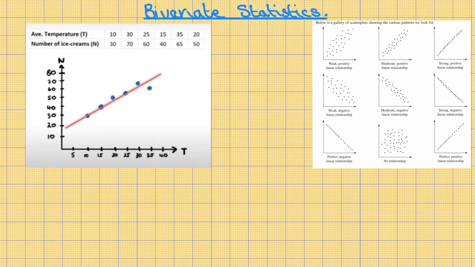So we might want to find the number of ice creams sold when the temperature is 17 degrees Celsius. 17 degrees Celsius does not appear as one of our temperatures, but we can use the linear regression line to find an estimate for the number of ice creams that would be sold if that was the temperature. But first, we must find the equation of the line of best fit, and we do this using our GDC.